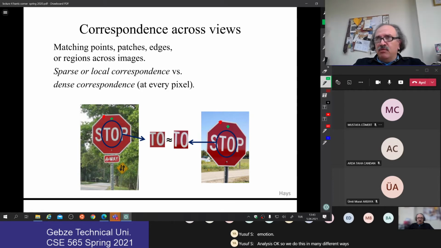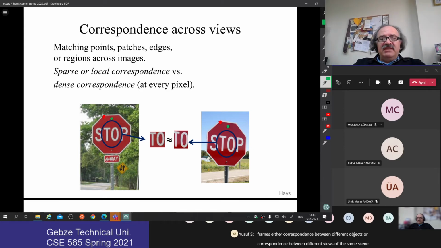Okay, so we do this in many different ways. Sometimes we are going to match points with points. Sometimes we are going to match patches with patches. We will be doing lots of correspondence establishment between the different frames, either correspondence between different objects or correspondence between different views of the same scene.